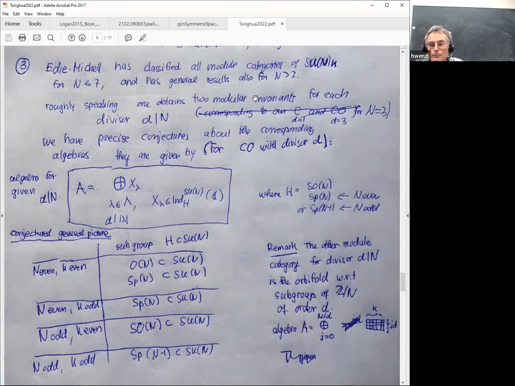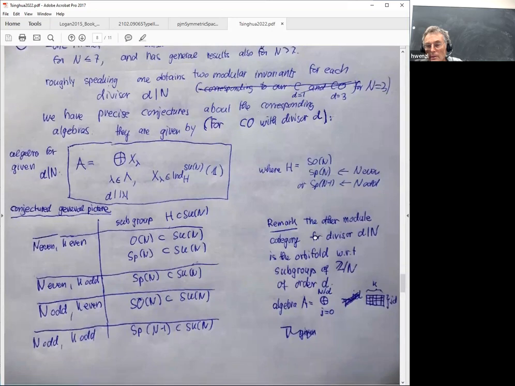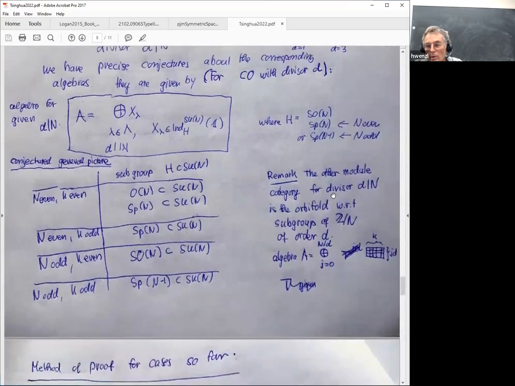One of them is an orbifold, which is easy to describe. It's an orbifold with respect to the subgroup of Z mod n of order d. And also the algebra is fairly easy to describe. It's essentially given by the direct sum of the objects corresponding to this subgroup.